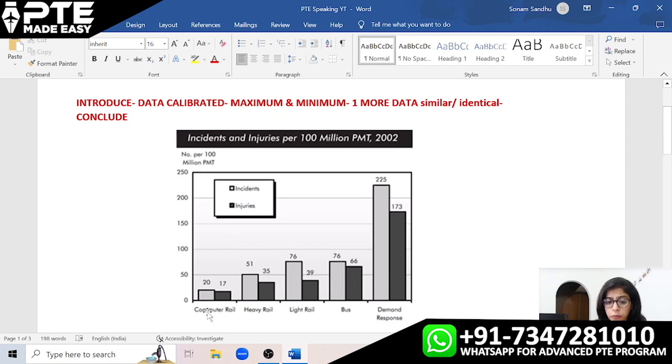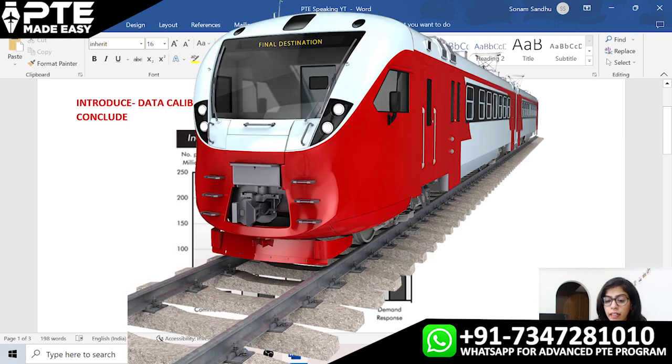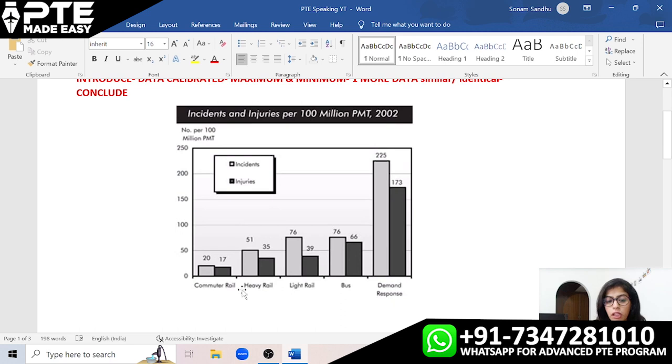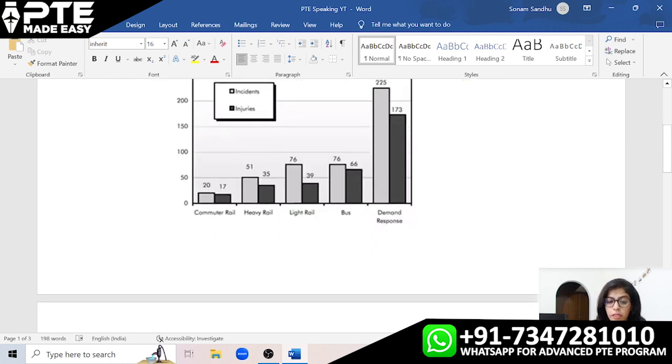Now here they are showing 5 different public transportation types. First one, commuter rail. Second is heavy rail. Then light rail, bus, and demand response. So what are they basically talking about here? If we look at this one, we have gotten to know that there are commuter rail, heavy rail, light rail, and bus. They are talking about these 4 types.